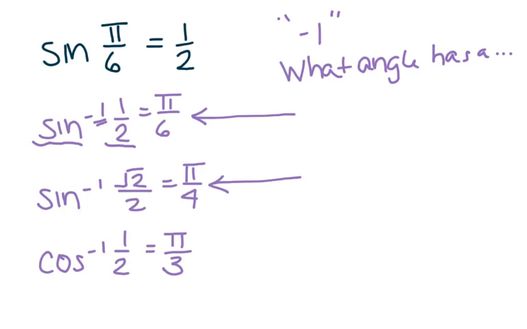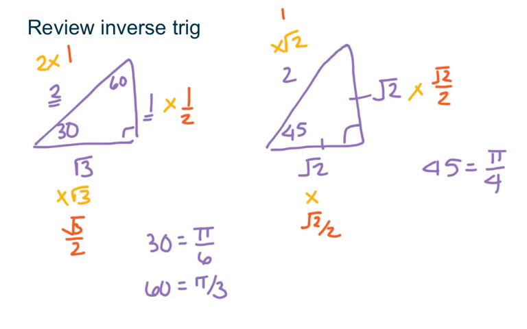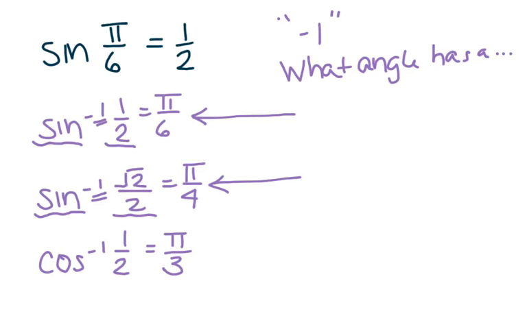What angle has a sine of root 2 over 2? Sine being opposite over hypotenuse, 45 degrees. I'd like you to answer in radians though. What angle has a cosine of 1/2? It is pi over 3.